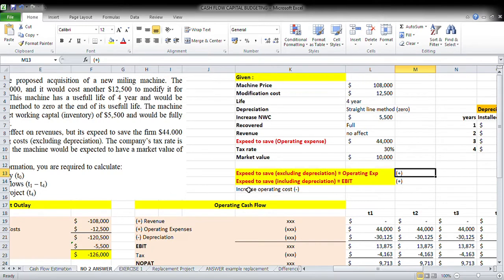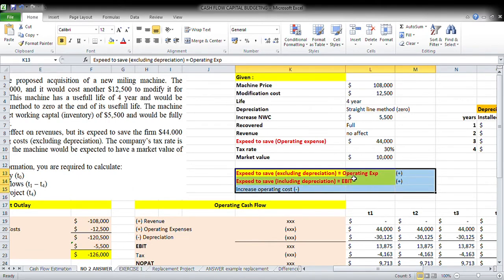If the expected saving includes depreciation, it means EBIT plus. So it could be operating expense, it could be EBIT. And if you have the clue "increase in operating cost," it means minus. So please pay attention to this one.